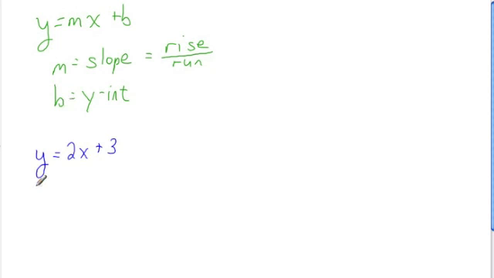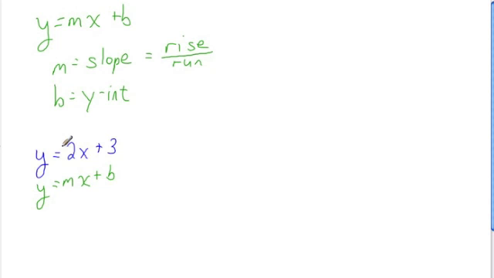Let's rewrite the general form, y equals mx plus b, and make sure that everything lines up just as it should. Notice that both equations start with y equals. Both have a number being multiplied by an x, with another number being added at the end. Therefore, this equation that we were given is in slope-intercept form.